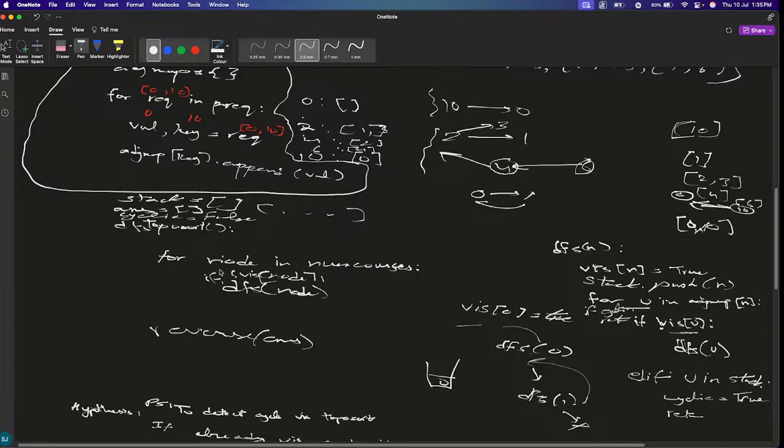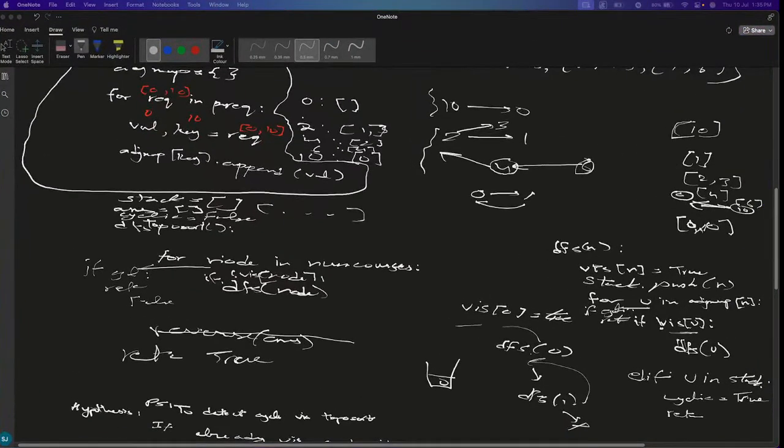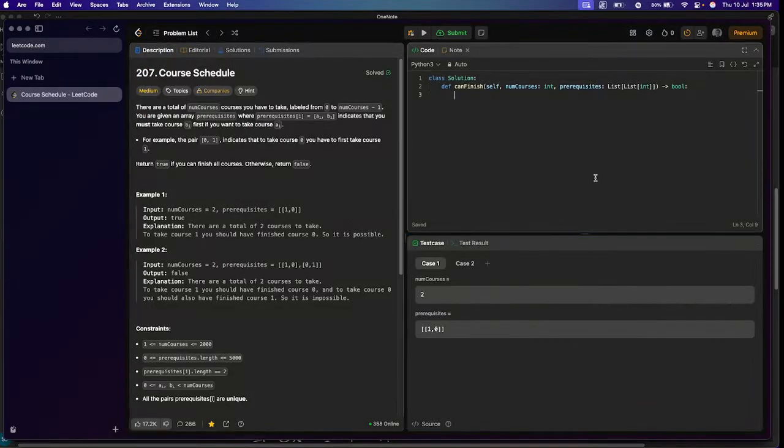Now again put if cyclic over here, then just return false. Else, in the end, if it doesn't work out, then return true. This seems like a bit of a mess, but I think we can cover it, right? Awesome. Let's get started, right?